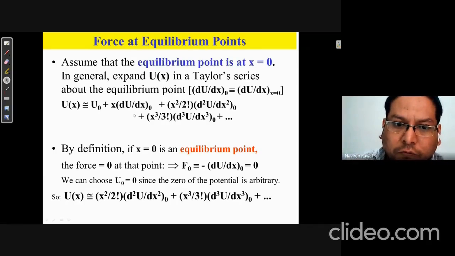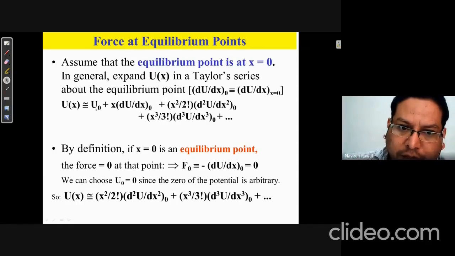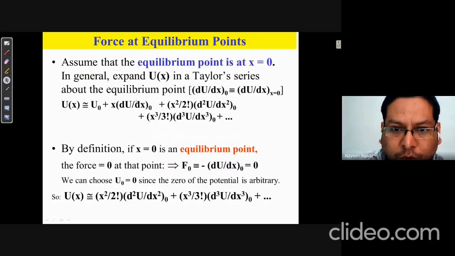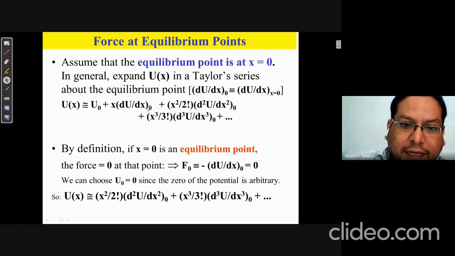Okay, so any function u of x can be expanded in this form: it is u0, which is the value at x equal to 0, that is your position, and now you're displacing this function by a small amount, which is du by dx, and then you are displacing about the x factor.